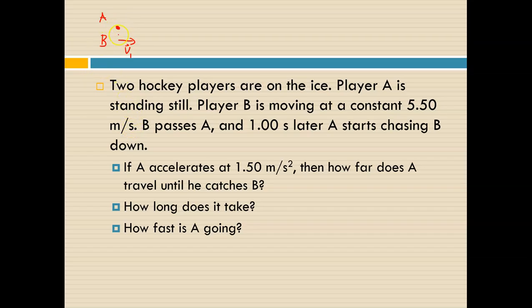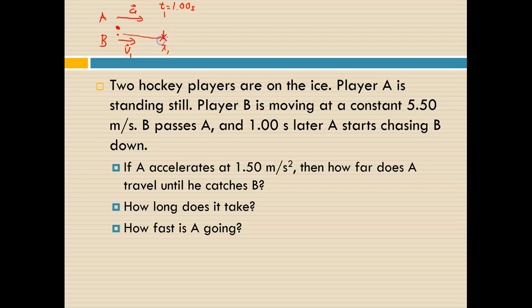So B passes A at that point, but A is standing still. So that means B travels to this point right here. I'll call that one x1. Okay? So B travels to this point right here. And at that point right there, when the time is equal to 1 second, that's when A starts moving. When A starts moving, A will have an acceleration.